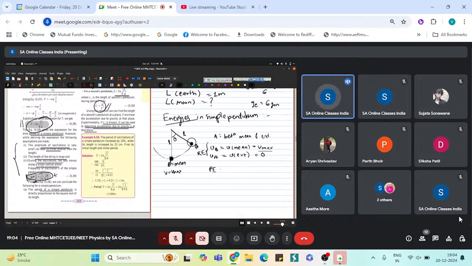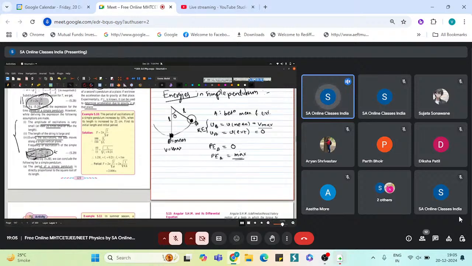Now similarly look at the potential energy. Potential energy at the mean position is going to be zero, and the potential energy at the extreme position is going to be maximum.